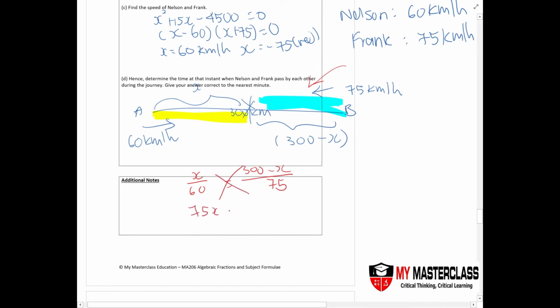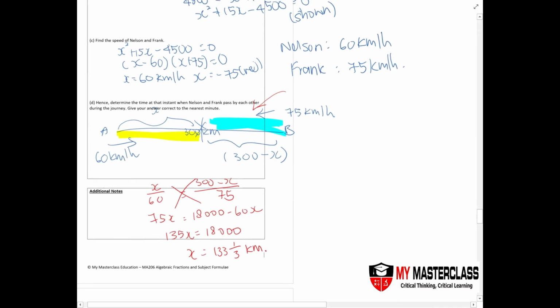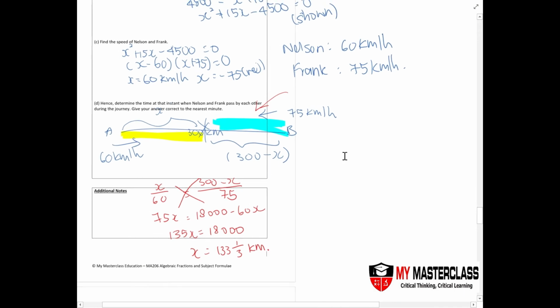You should get 75x equals 18000 minus 60x, so 135x equals 18000, x equals 133 1/3 kilometers. So you know how far this distance is, where they meet. Now they ask you to find the time taken. Now that you know the distance, the time at which this happens is 133 1/3 divided by 60. This should give you 2/9 hours.